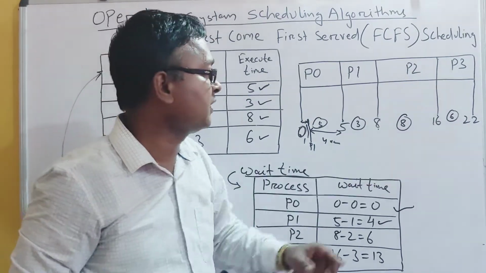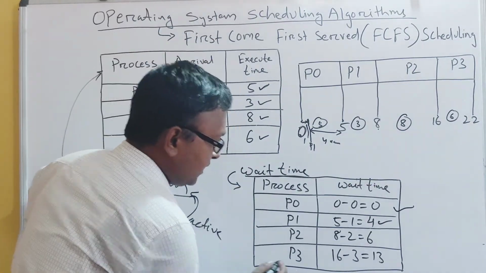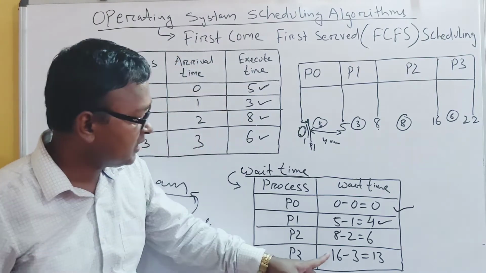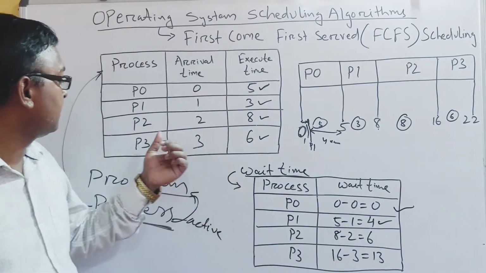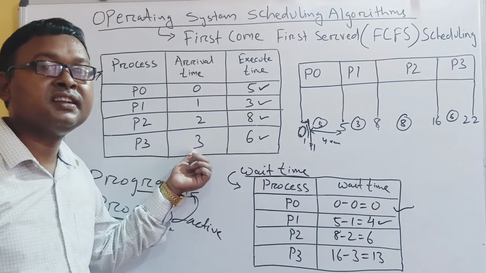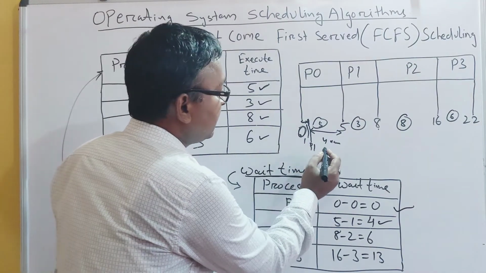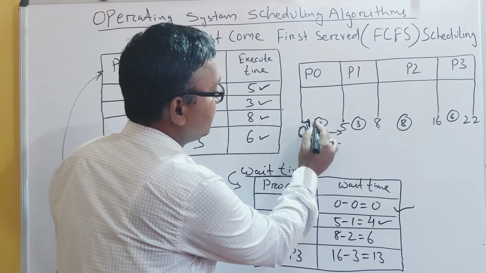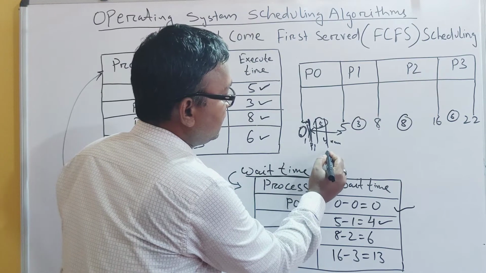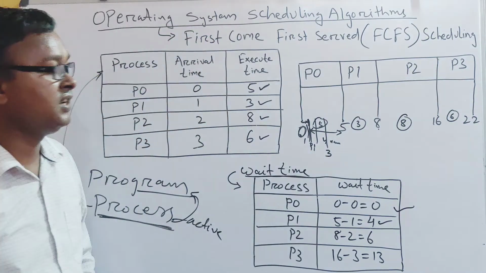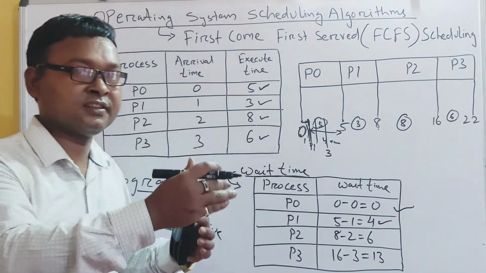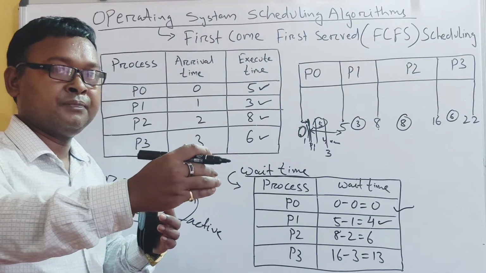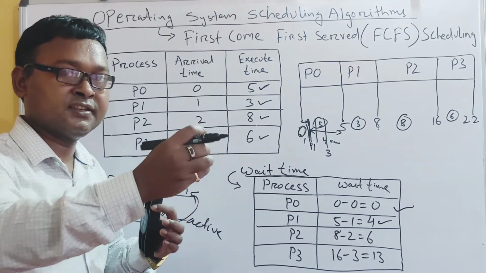Is that clear? Now, P3. What is the waiting time for P3? 16 minus 3, because P3 entered at 3 nanoseconds. So P3 entered at 1, 2, 3. Here P3 entered and is waiting for the processor to get executed.